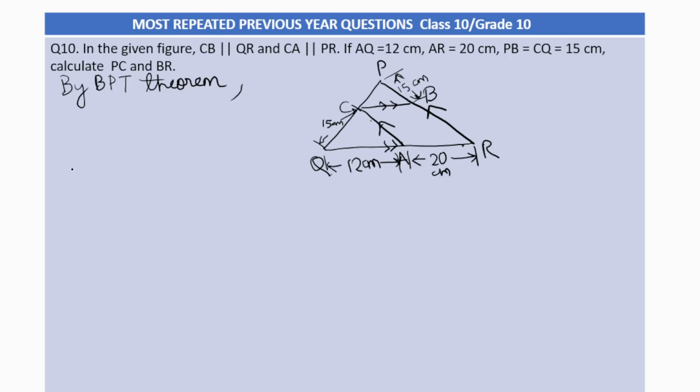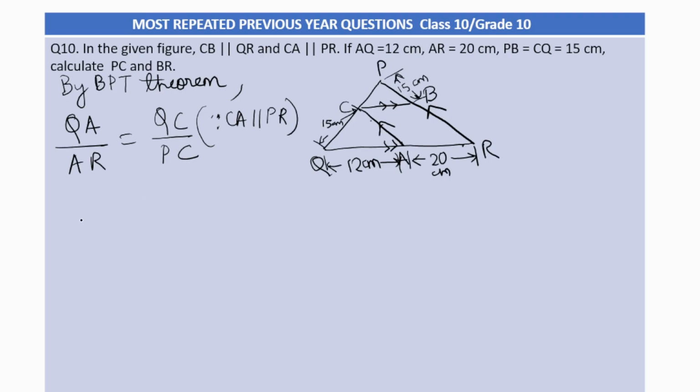We can write QA by AR is equal to QC by PC. Why? Because this line CA is parallel to triangle side PR. That is why QA by AR is equal to QC by PC.